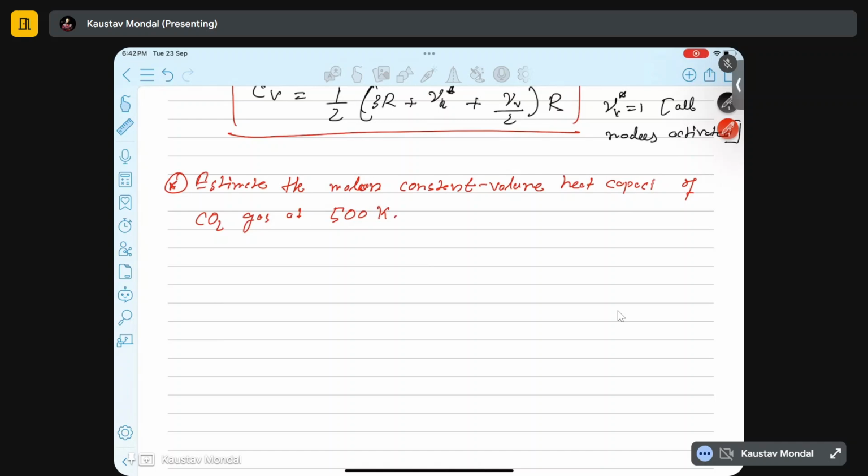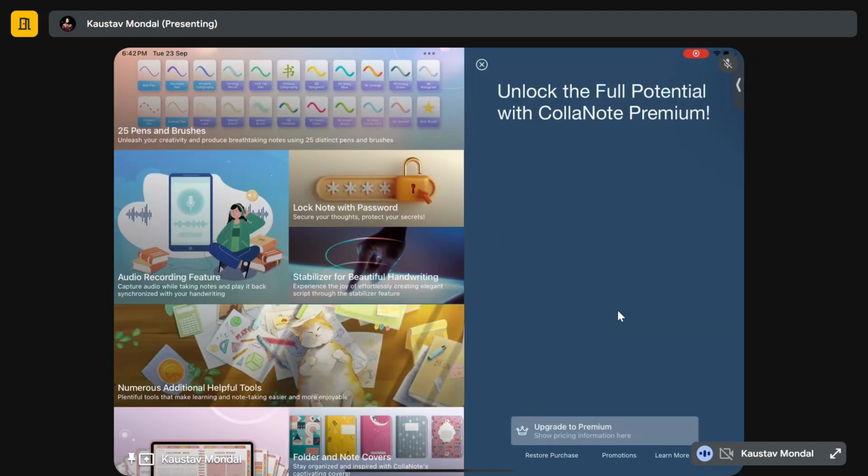So for CO2 gas, we have to find the molar heat capacity at constant volume, basically CV, at 500 Kelvin.